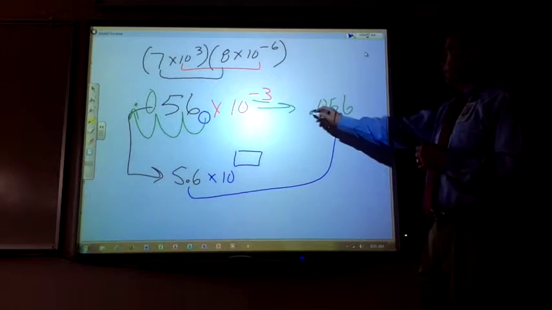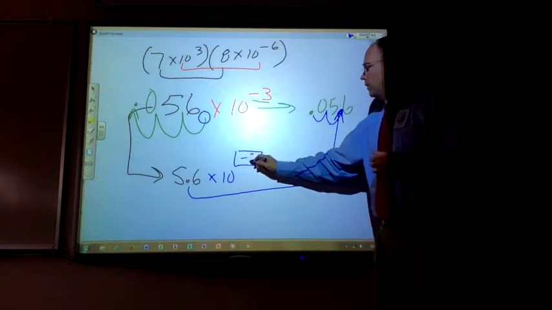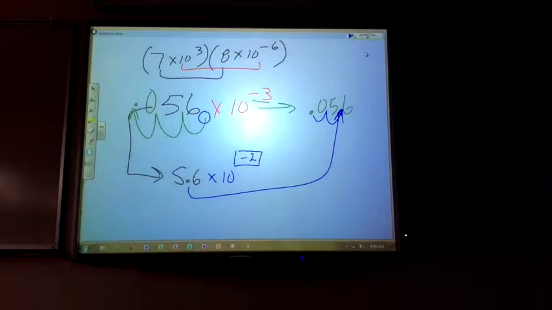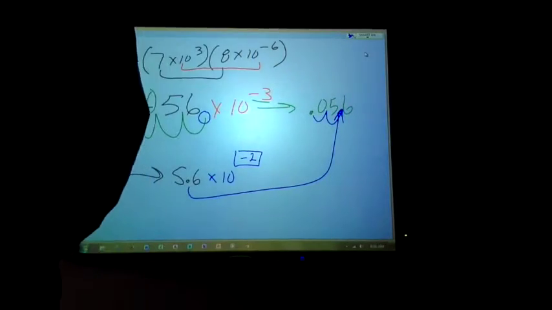How many places am I going to move this way? Move back 2. Okay? So when you're talking about a decimal number like 0.0000 whatever, that's going to be a negative exponent. Technically a negative exponent does mean that the 10 should move down, because it says the numerator, so it should move down. But those are just some things that you really need to focus on for this quiz.